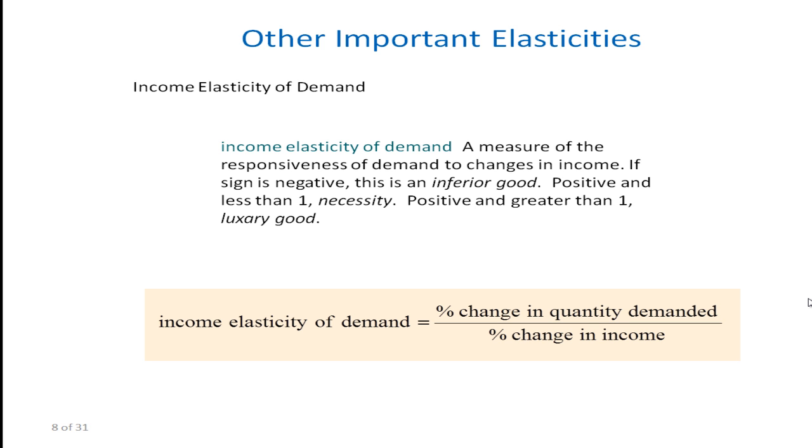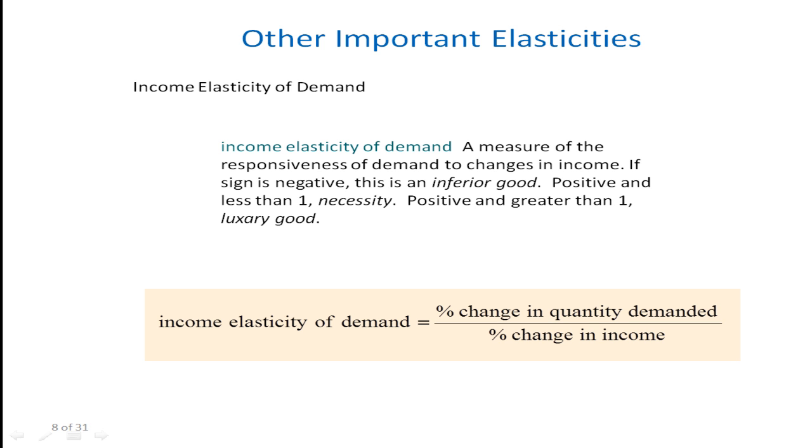Okay? If the sign is negative, we call this an inferior good. That is, if you're getting richer, but you're demanding less of it, we call that an inferior good. And that's the case where you may shift away from some inexpensive, cheap product to a better product, okay?